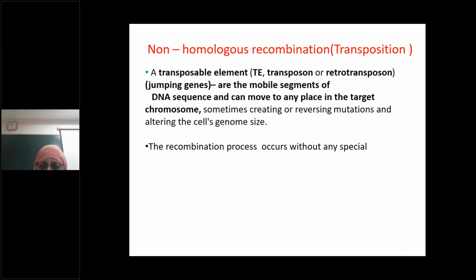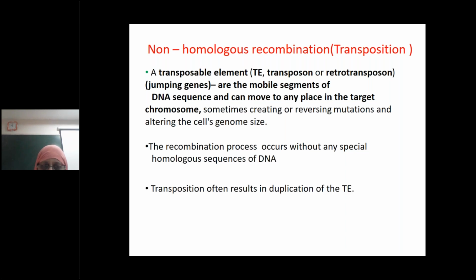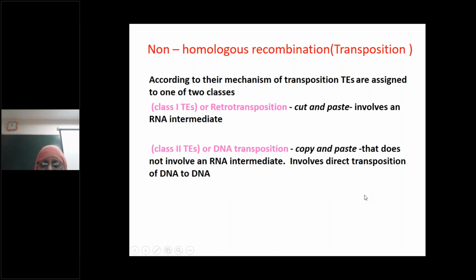So the recombination process occurs without any special homologous sequence of DNA, that means without any identical sequence. And this transposition often results in duplication of the transposon element itself. There are two classes of non-homologous recombination.